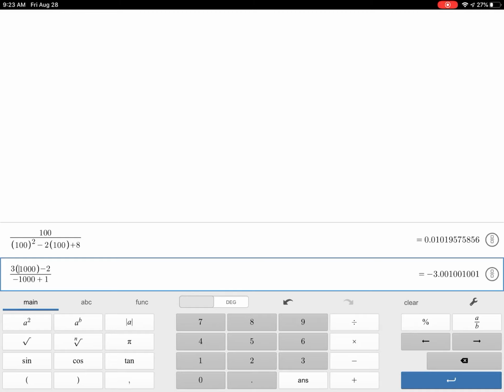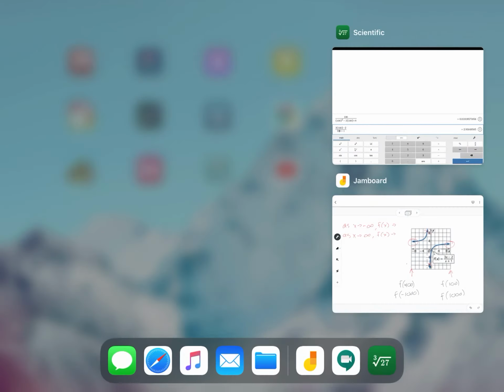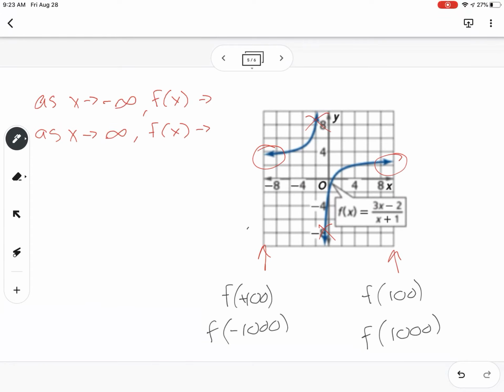Then we'll do positive of both. For positive 1,000, we get 2.995. And for positive 100, it was 2.95. So go back here. Negative 100 was 3.05, and then 3.005, 2.95, 2.995.